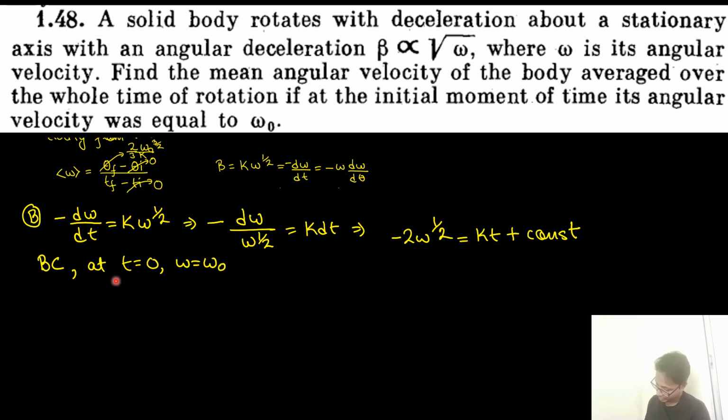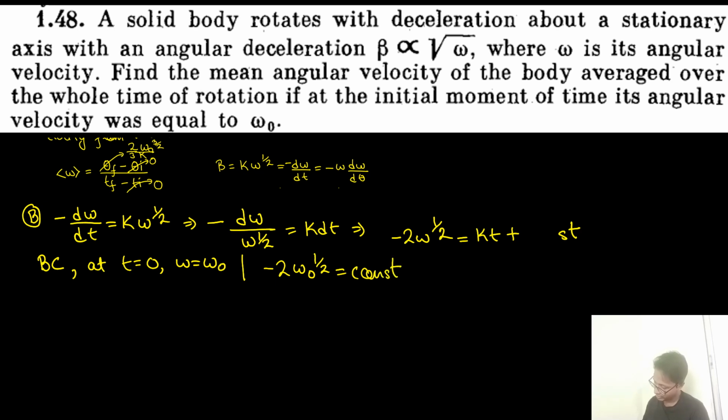If I apply these two conditions, minus 2 omega naught to the power 1 by 2 is equal to k into 0 plus constant. So the value of the constant would be what? Minus 2 omega naught to the power 1 by 2.